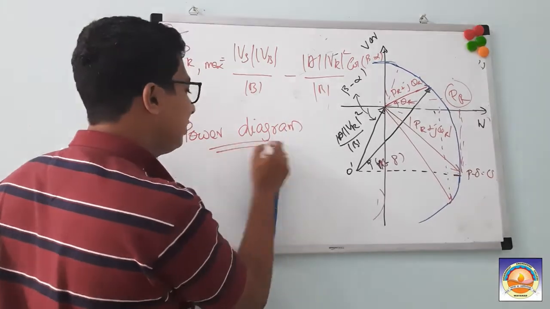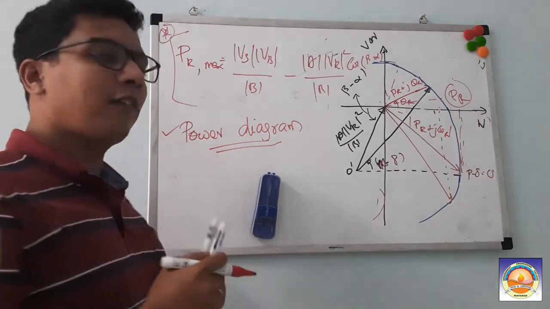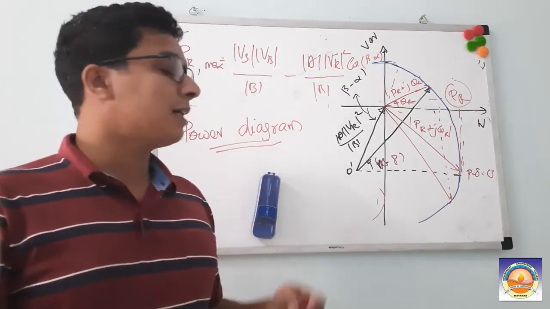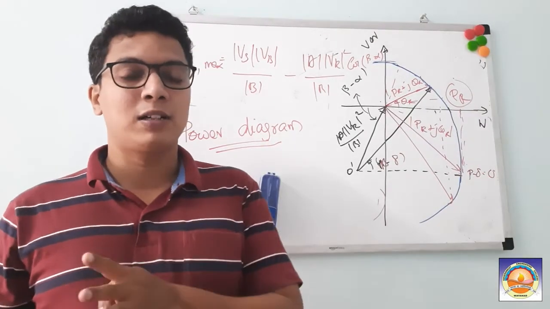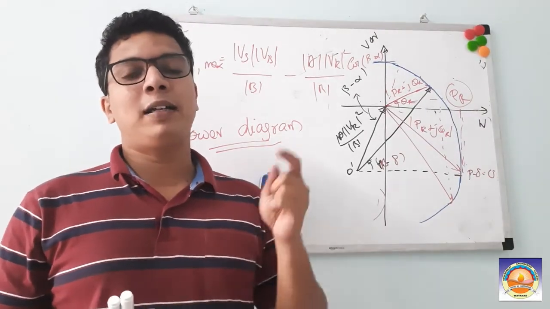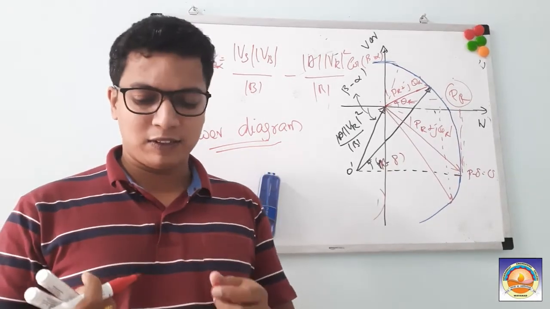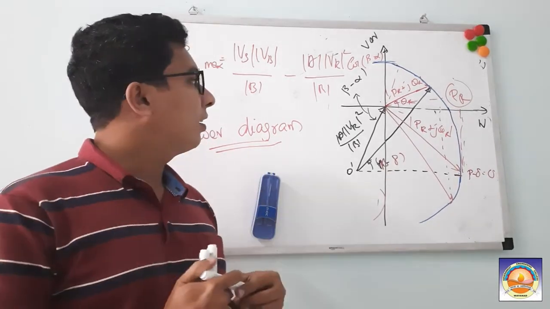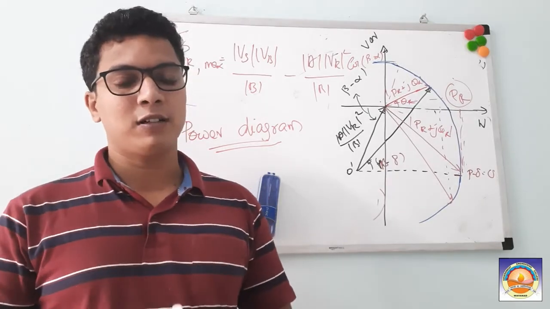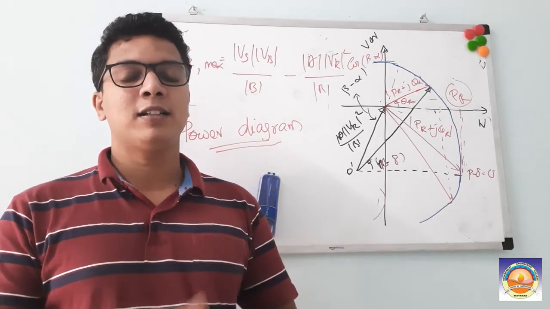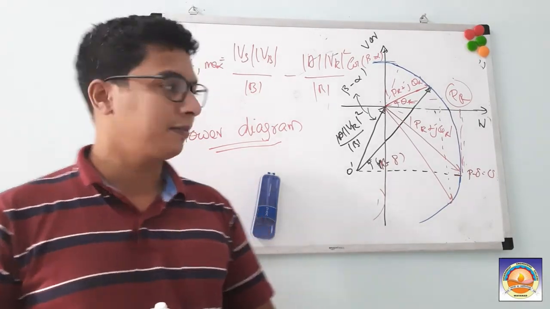Understood? This has various uses that we will see later, and we will discuss power flow through a line in more detail in module 4, where we will be dealing with FACTS devices and high voltage DC. There we will see more about power flow through transmission line. For now, with this we are ending the second module completely. Thank you.